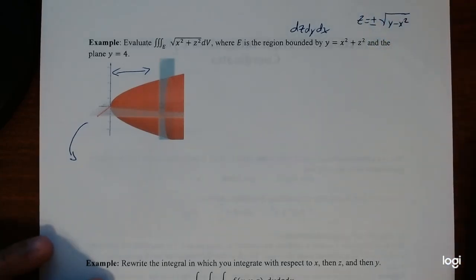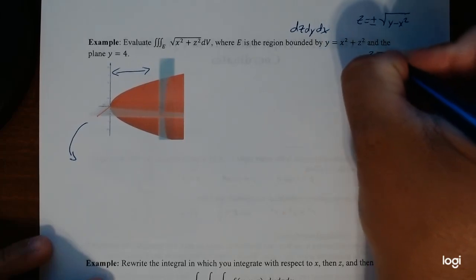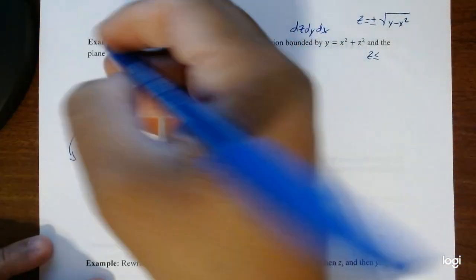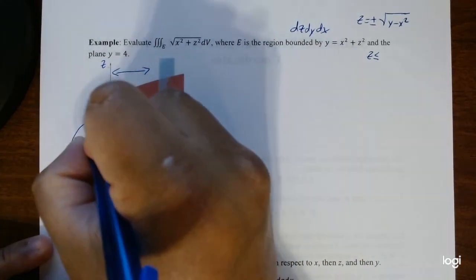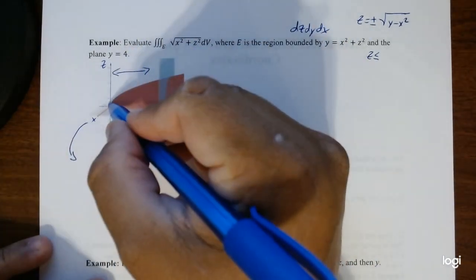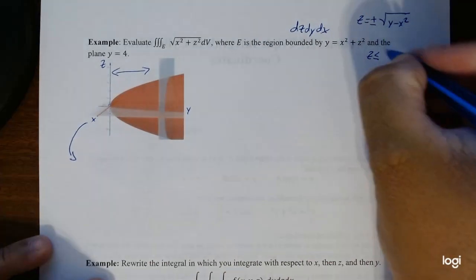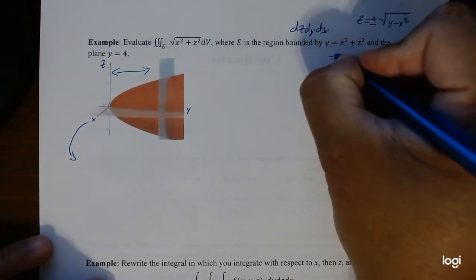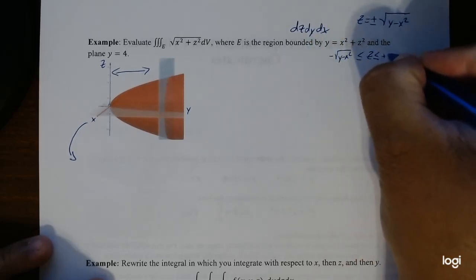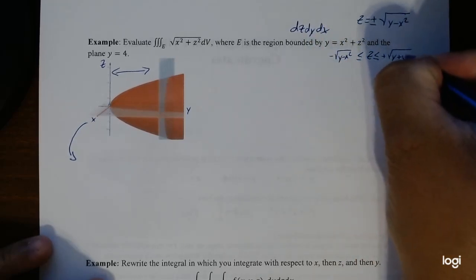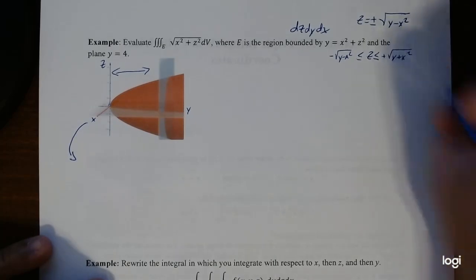So that's what z is bounded between. And it makes sense, right? If this is the z plane, this is the y plane, and this is the x plane. So z is bounded between here and down there. Minus.